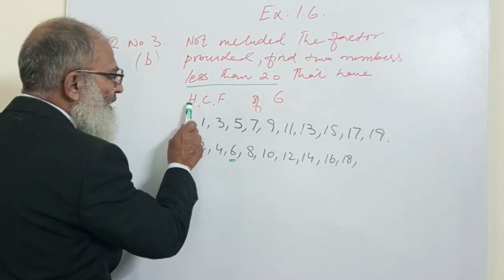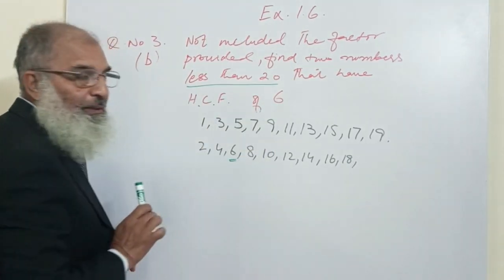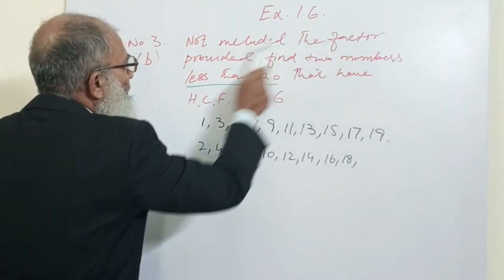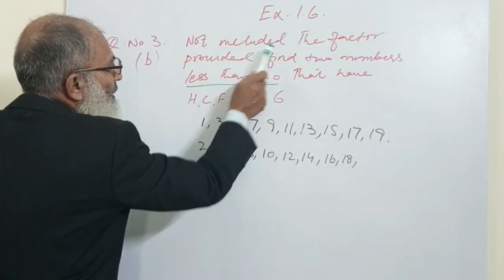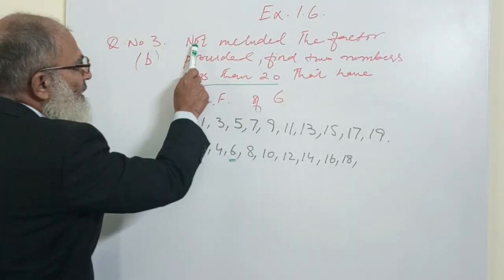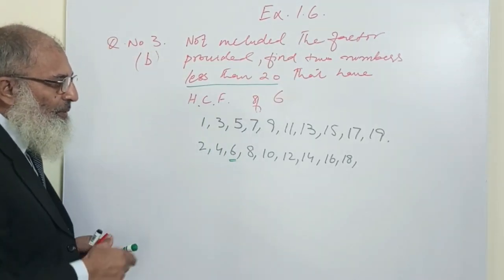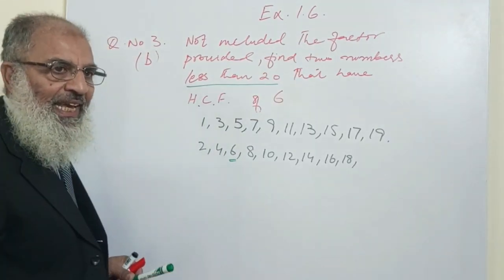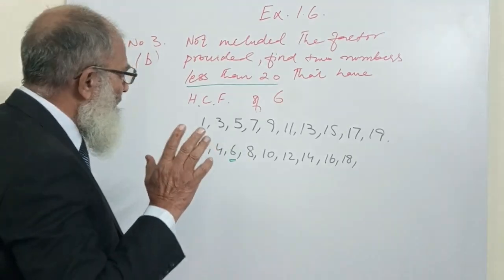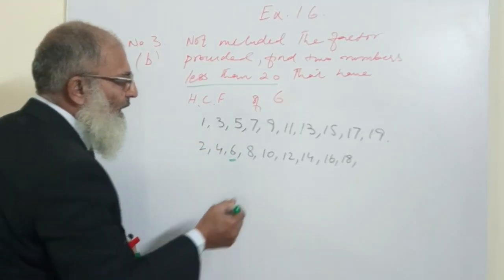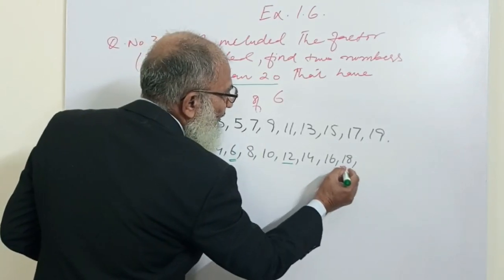So this is not included. Now the numbers left which can have the HCF of 6 are 12 and 18.